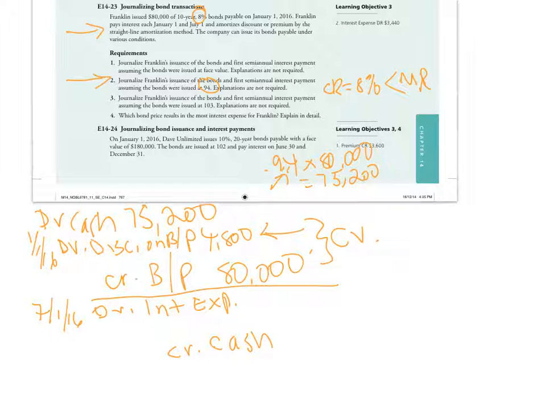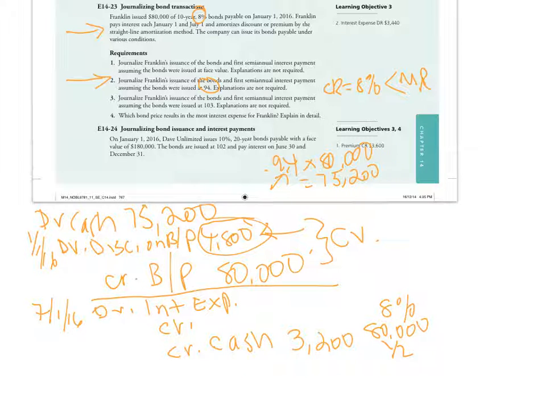In that case, we already know it's always based on 8%, the contract rate, times the face, or $80,000, times half, because it's only half the year. If you do the math, that amount is $3,200, which is the same as in the previous case, requirement 1. Now there's an additional amount of interest that comes from the discount right there.